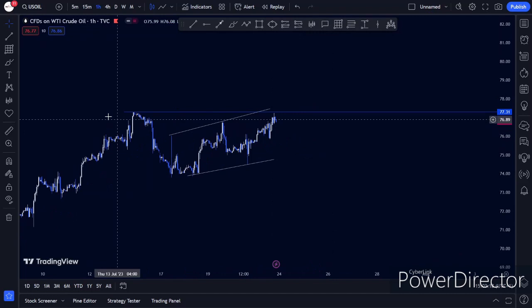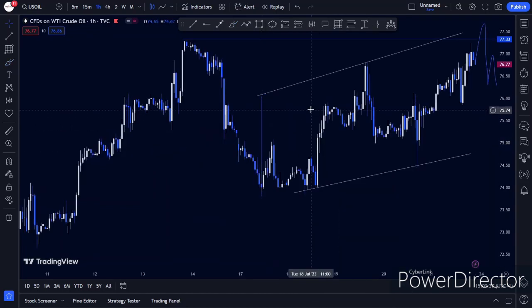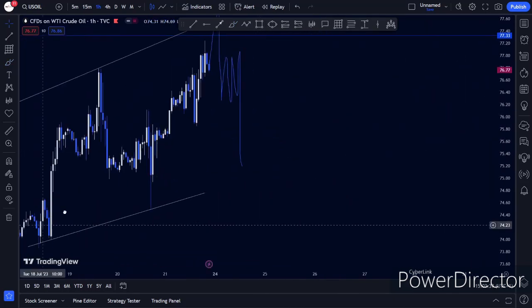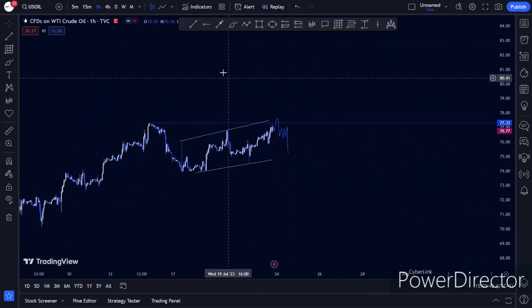We're not looking for risk entry. What I need to see is a move here, and then maybe break out the highs, break back inside, and then look for that insurance entry, and then I move to the downside. This is what I'll be looking for on this pair.